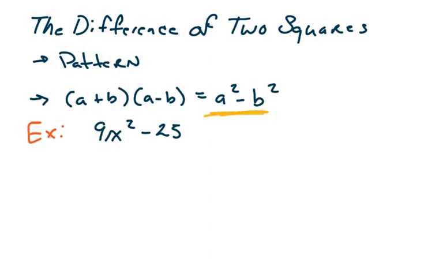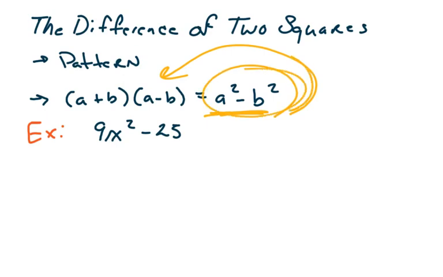We'll see something in the form a squared minus b squared, and we'll be able to factor it into a plus b times a minus b. So let's look at a couple of examples that work this way, where we're taking something that's already been multiplied together and factoring it out, and then we'll look at some examples going the other way.